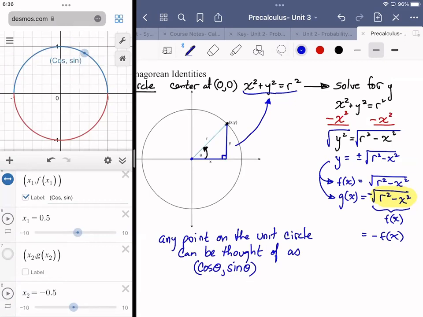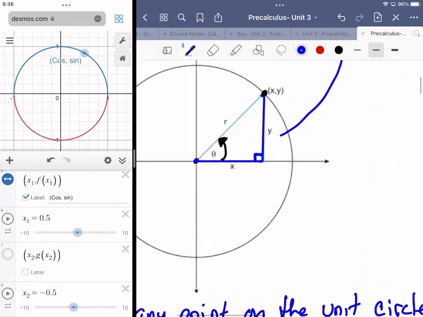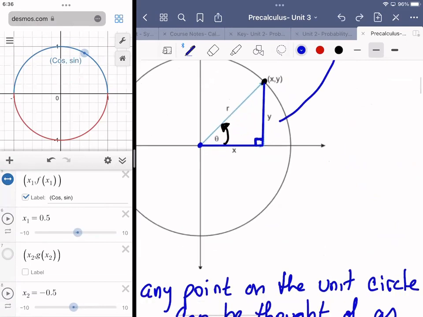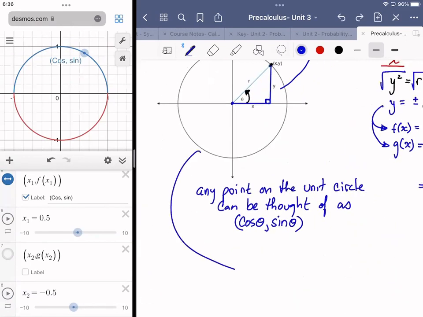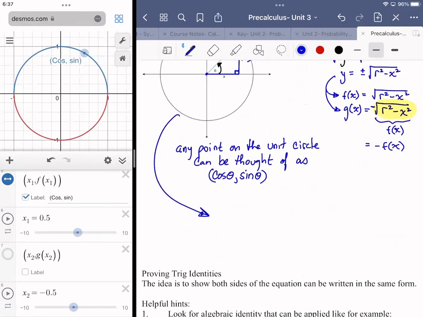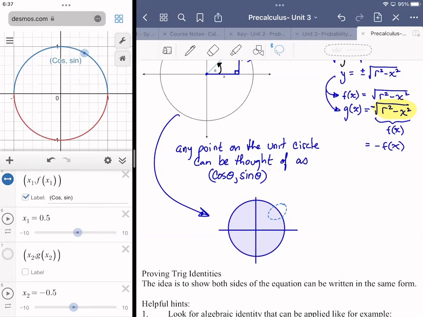So what we want to do is come up with an effective relationship that would apply in all circumstances. This is saying that the radius is equal to r, but I would simplify this by saying we have a circle with a radius of 1.